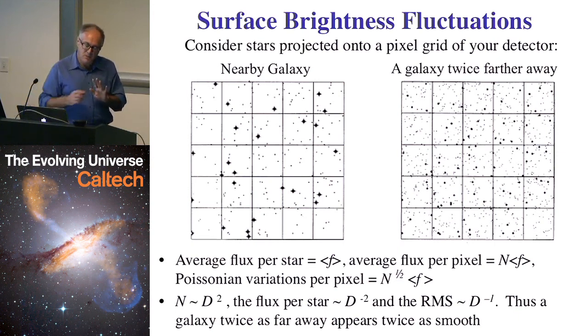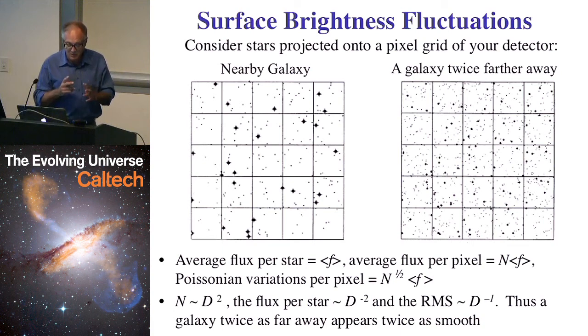So the Poissonian fluctuations and mean flux per pixel do not scale equally with distance, and because of the two different powers of distance, the ratio of the RMS variance to the mean flux per pixel is a direct function of the distance. The further away a galaxy is, the smoother it looks because there are more stars within each pixel.